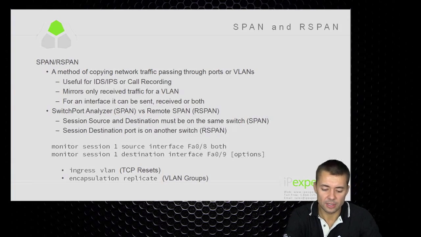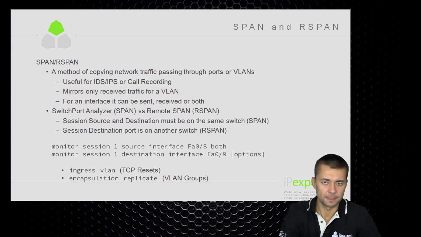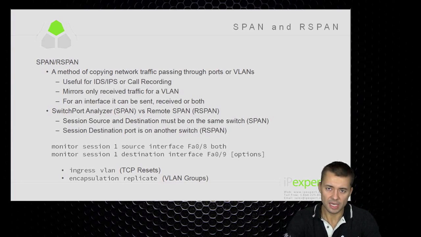Okay, the syntax for the commands is shown on the slide. For the destination part of the session, there are two options that you will be able to use on the Cisco switches: the ingress VLAN option and the encapsulation replicate.